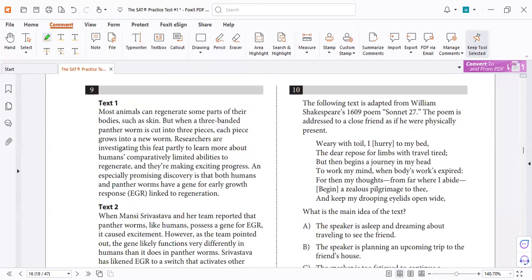Now, number 10. Number 10 is A. Letter A, wrong. The main idea.